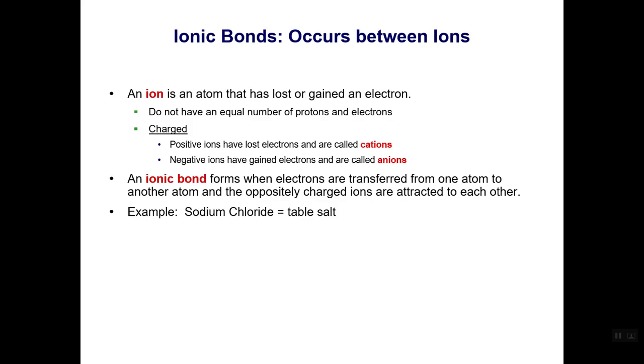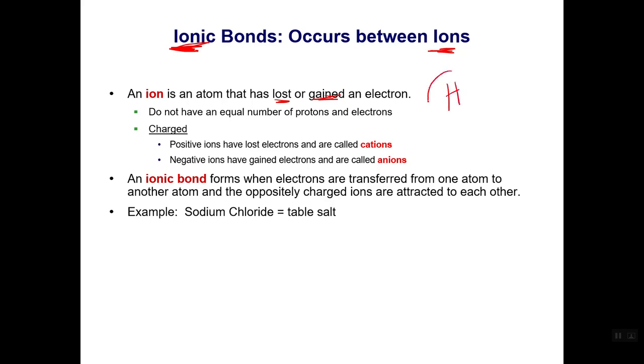Ionic bonding occurs between ions. And ions, by definition, are atoms that have lost or gained an electron. And if they lost or gained an electron, then that means that they are no longer electrically neutral, right?